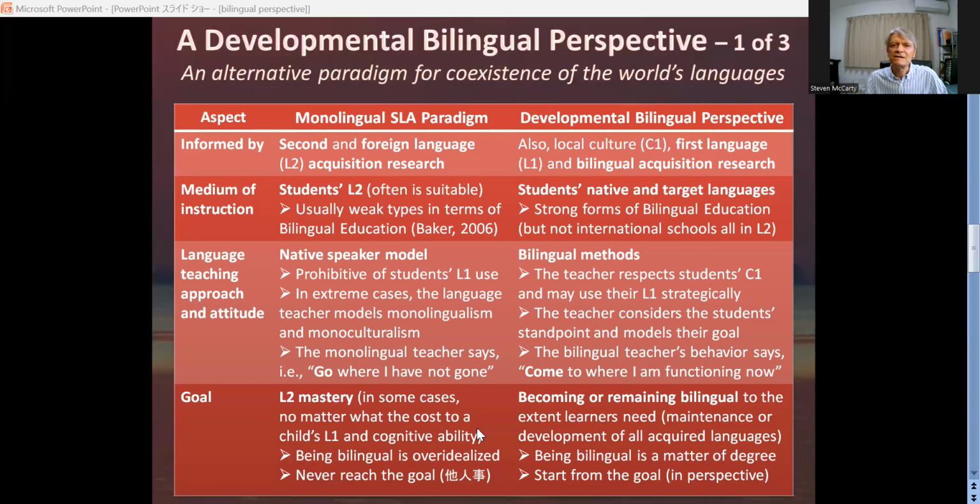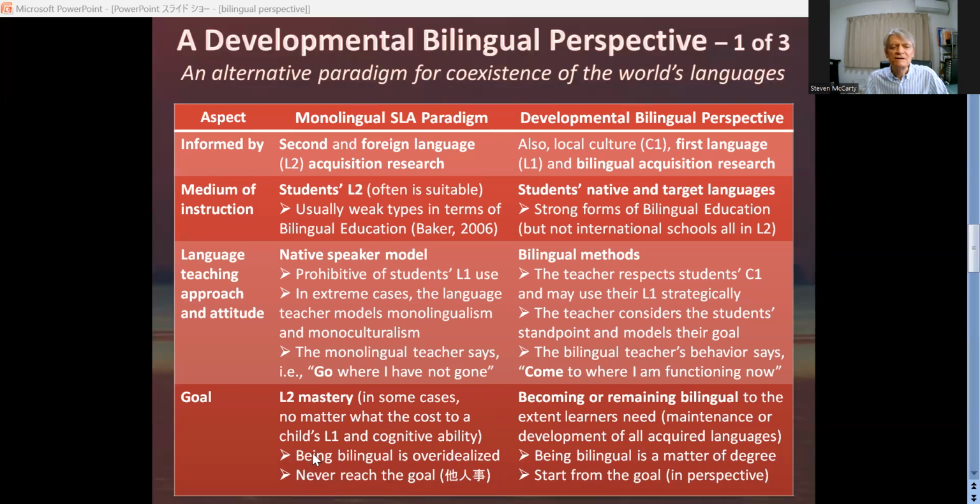So they have the threat of so-called subtractive bilingualism, of having the second language of Japanese replace their native language, which can do cognitive damage to the child. Whereas the goal of the bilingual approach is becoming or remaining bilingual in some cases, to the extent that learners need, through the maintenance or development of all acquired languages.